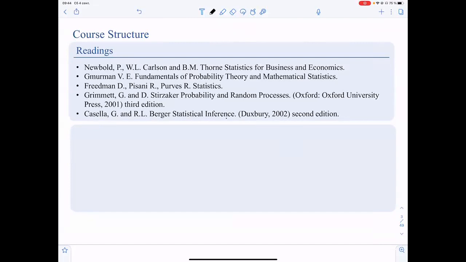It's a very nice book, on statistical inference, pretty advanced. So based on that course and all of the stuff we are going to discuss, it might be a very nice one.